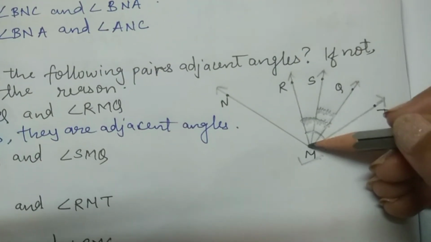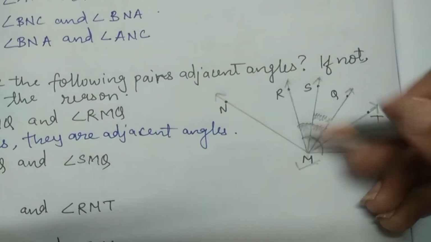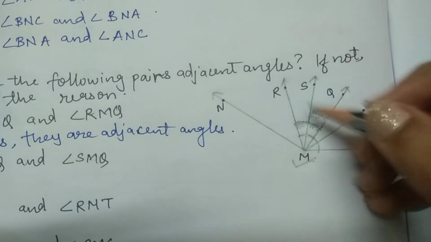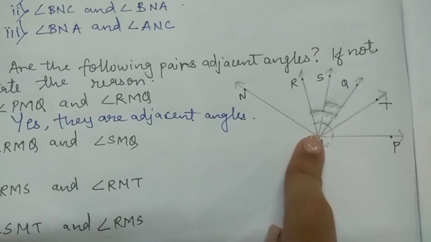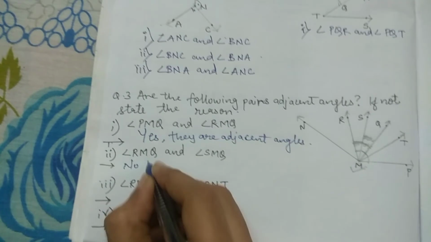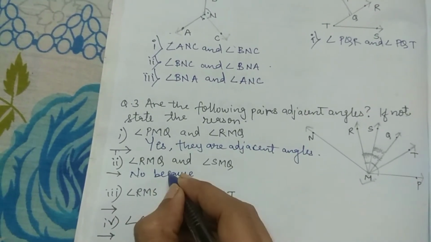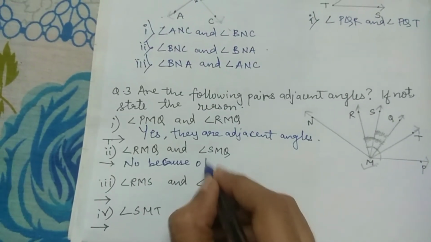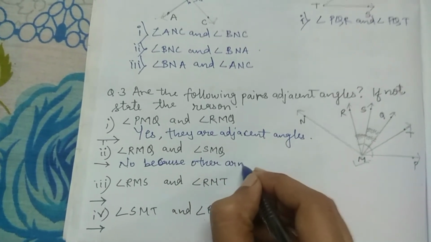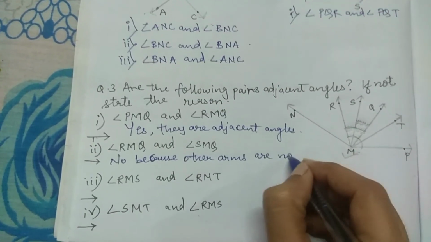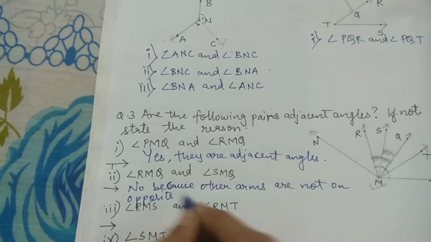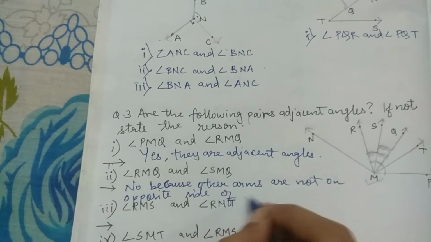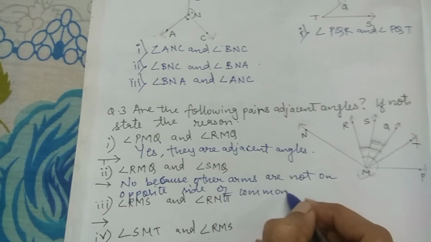But your remaining two arms, MR and MS, are both on the same side. They are not on the opposite sides of the common arm. Hence, they are not adjacent. So, no, because the other arms are not on opposite sides of the common arm. This is our reason.